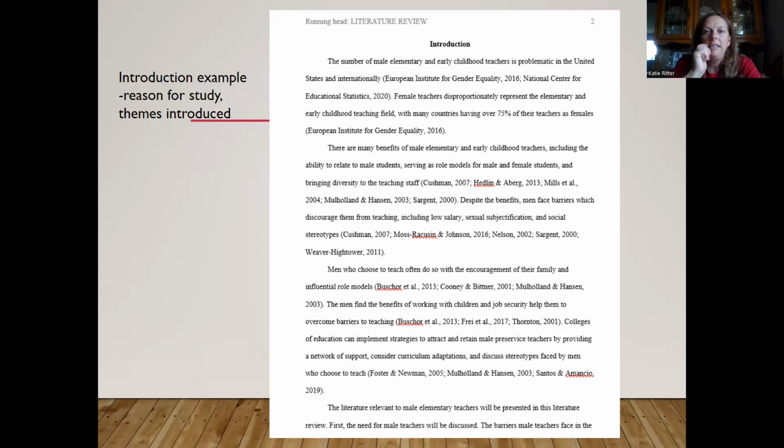My next sentence is that female teachers disproportionately represent the elementary and early childhood fields. With the statistics with it, you can see that I have my citation. So here within my introduction, I basically go through and I state what the problem is, and then I also go through the different themes that I will be addressing within my review of literature.